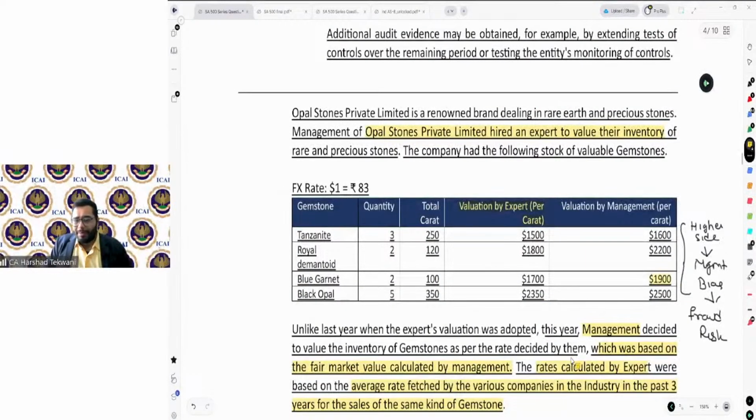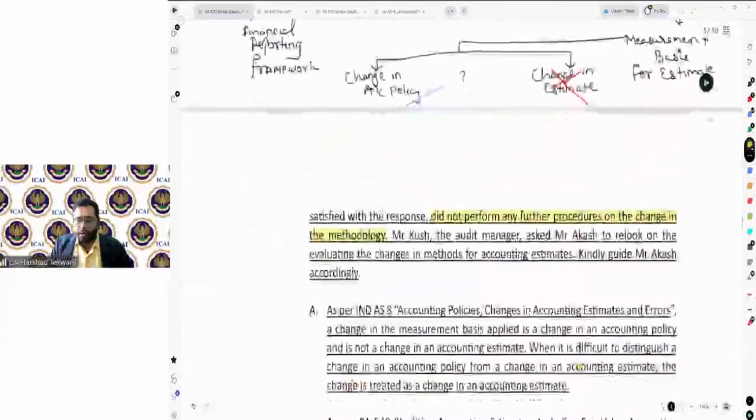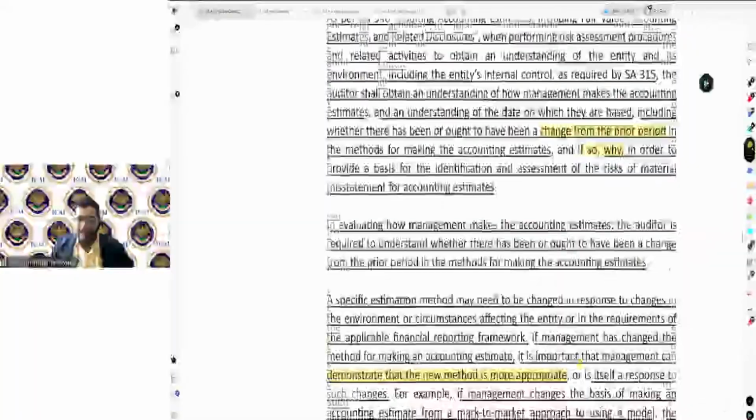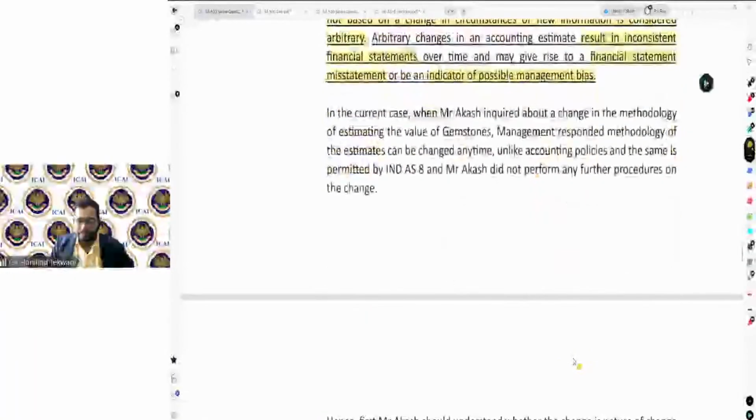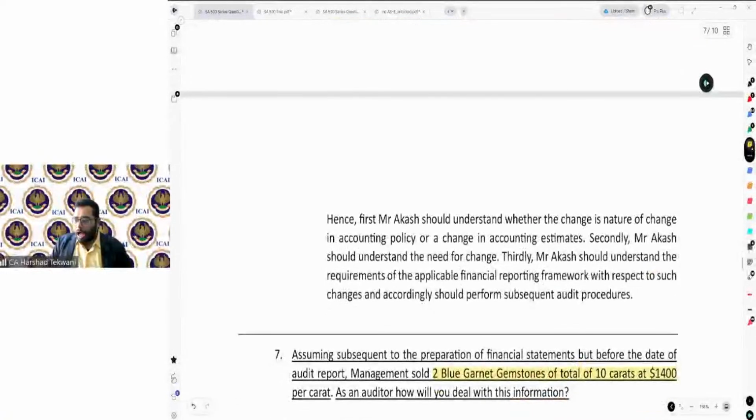So management was able to sell 10 carats of blue garnet at 1400 per carat. How will you deal with this information?